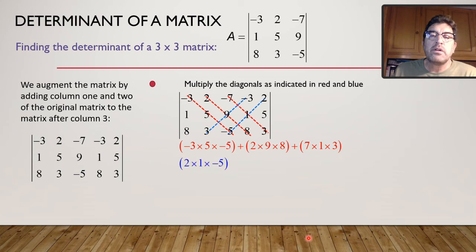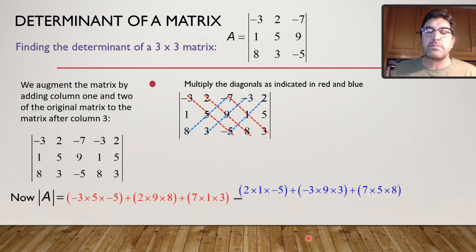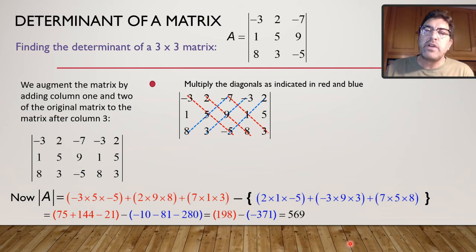The blue, you add it to the next diagonal product, you add it to the next product there, and then finally the determinant was the difference between the two. Don't forget the brackets. You do those little sums, you end up with a determinant of 569 for this 3 by 3 matrix. Very quick, almost faultless, as long as you don't forget the negative.